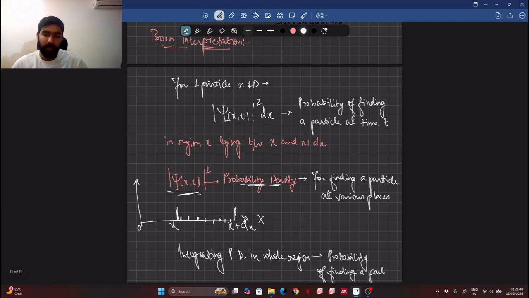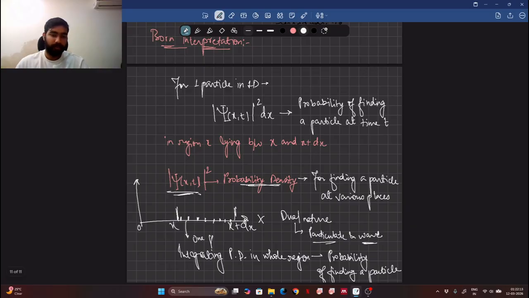Because it is a microscopic particle, it has a dual nature, both particulate and wave nature. Because the particle has both natures, we cannot certainly say that the particle is at one point.